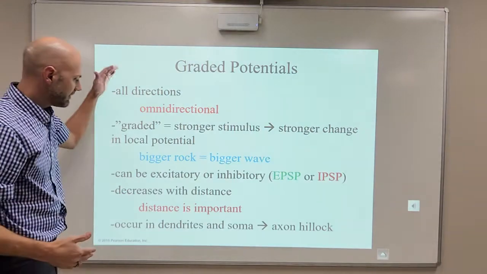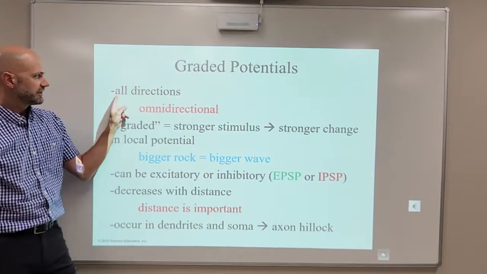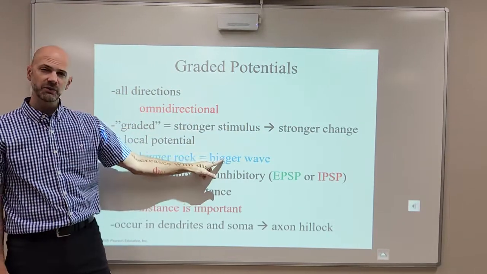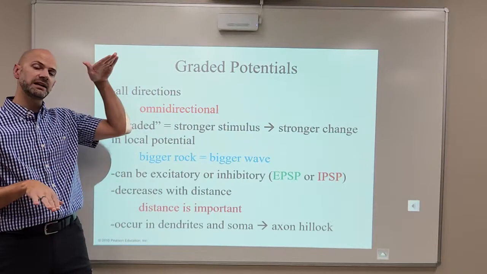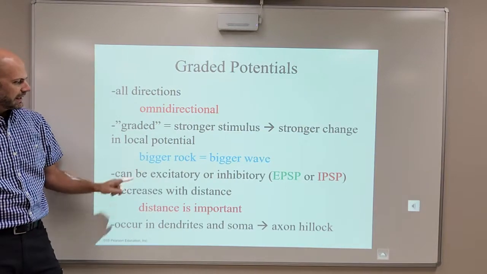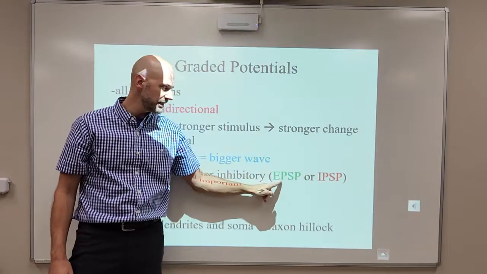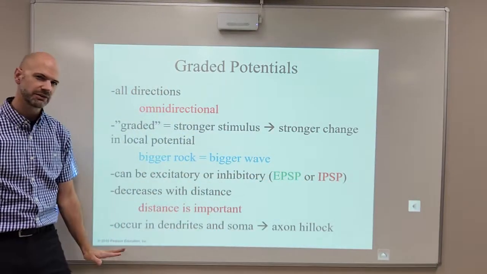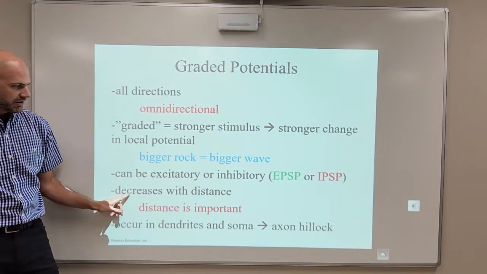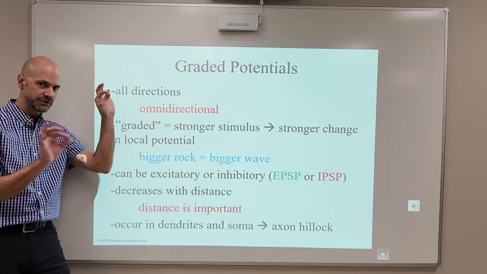So again, graded potentials are omnidirectional, they go in all directions. The bigger the rock, the bigger the wave, meaning a bigger stimulus produces a bigger graded potential, and smaller produces smaller. They can be plus or minus, excitatory or inhibitory. Green means go, red means stop, or inhibit. Distance is important: how far you are from the synapse to the axon hillock.